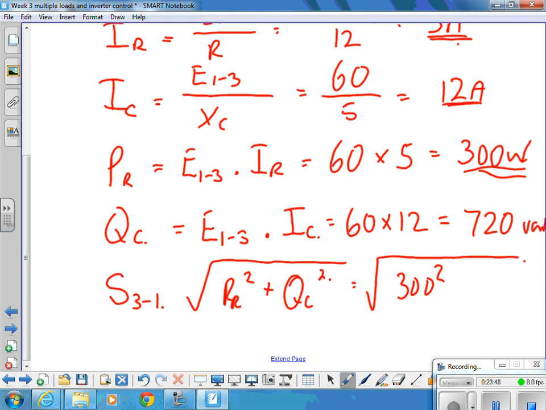Root of 300 squared plus 720 squared. Equals 780 VA. Yep, correct.